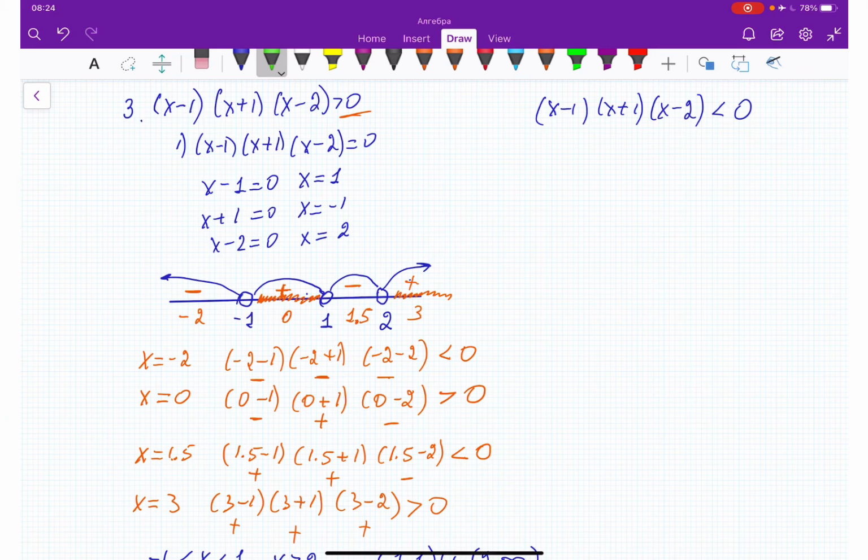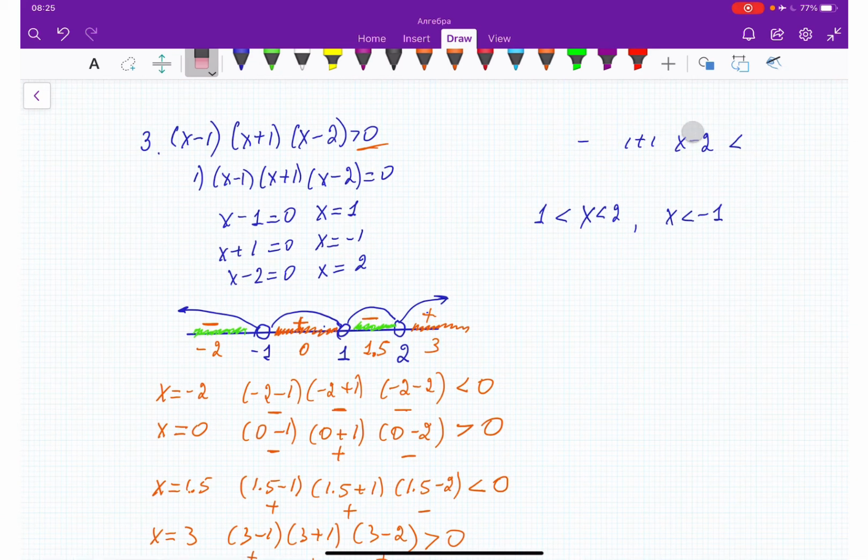Negative, right? Then it would be this answer and this answer, correct? Two different answers. Okay, so it would be x is greater than 1 and less than 2, or x is less than negative 1. That would be the answer.